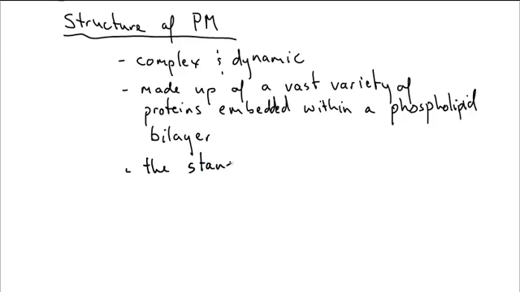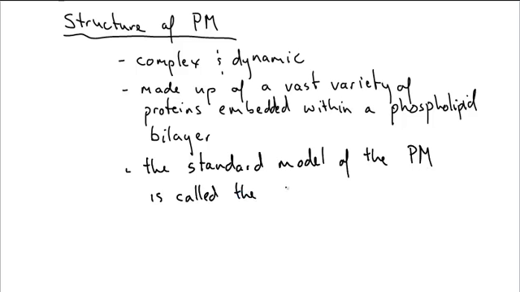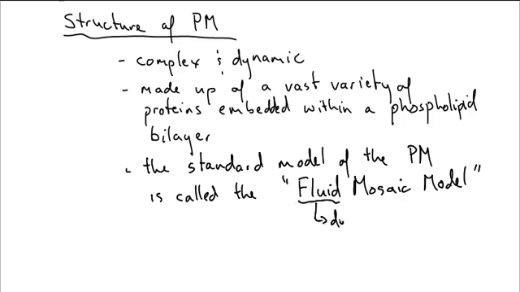The standard model of the plasma membrane is called the fluid mosaic model, which perfectly describes the nature of the plasma membrane. Fluid because it's dynamic, changing. It isn't solid. Things flow around in it.